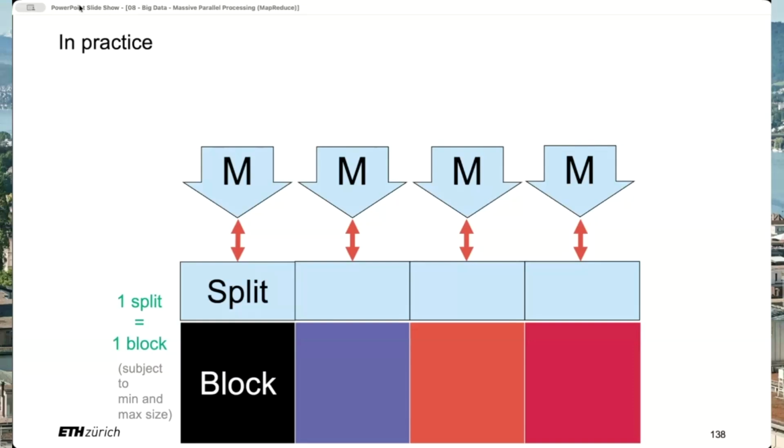Because a key value pair might not exactly end with an HDFS block. You might have a key value pair that starts at the end of an HDFS block and that continues in the next HDFS block. In fact, if you compute the odds of being so lucky that a key value ends exactly at the end of an HDFS block, it's like winning the lottery, because the odds of that are small.